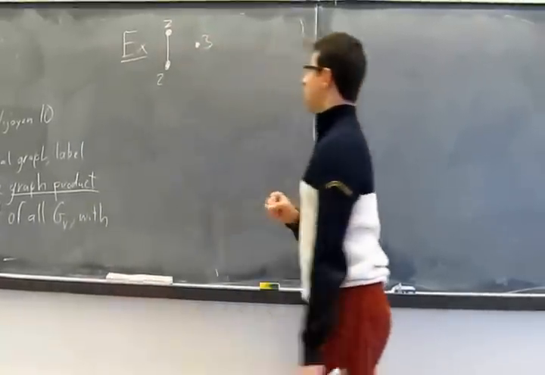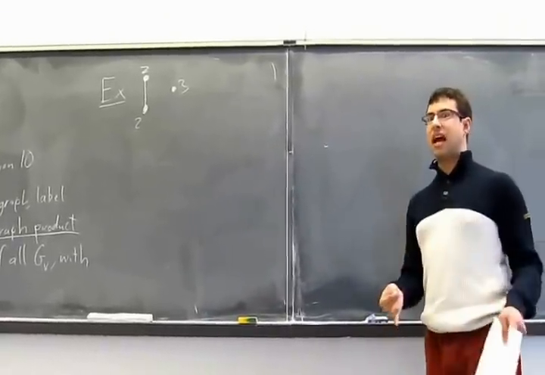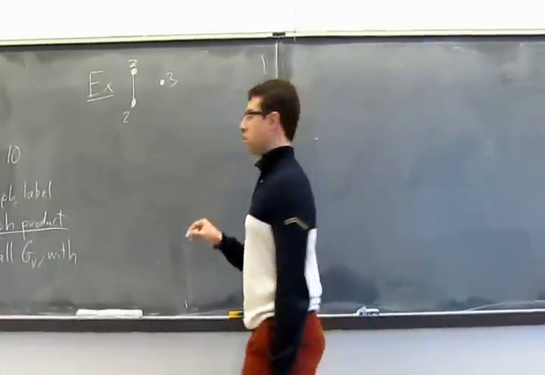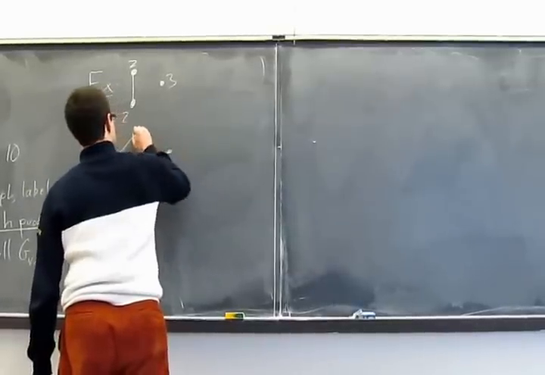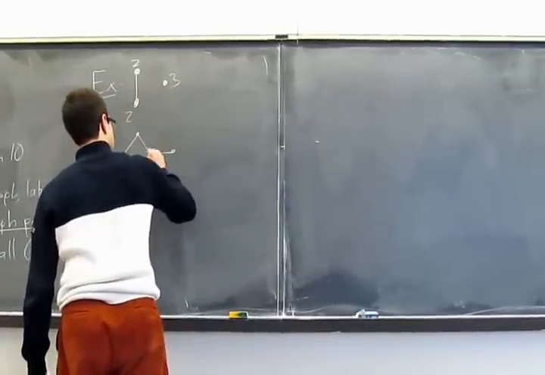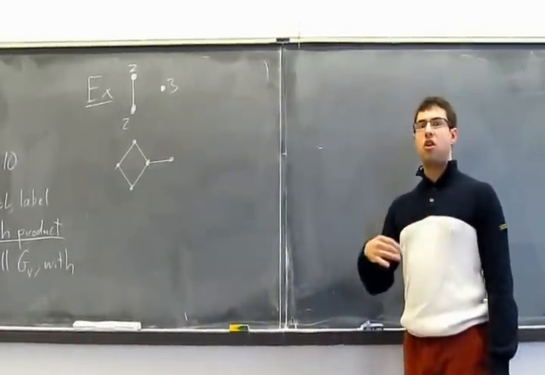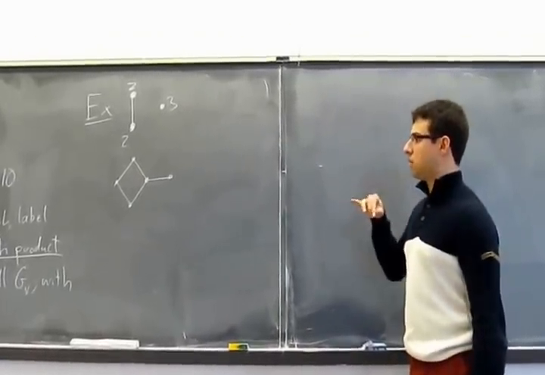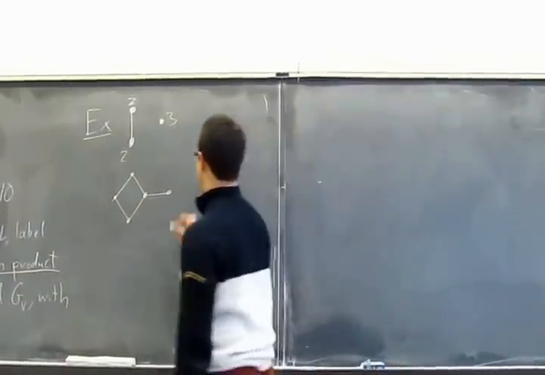2, 3. So our strict fundamental domain for this action is going to be exactly the same as if this were a Coxeter group. That'll be this. Now, when we have the group translate this around to get our full complex, that's where things look a bit different.